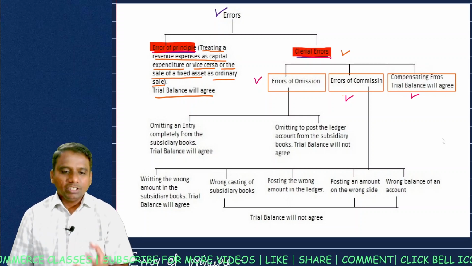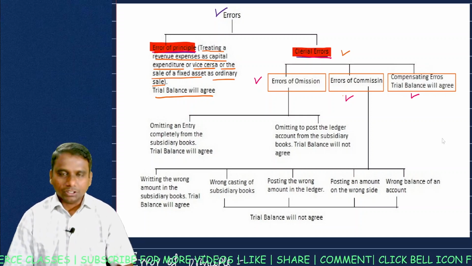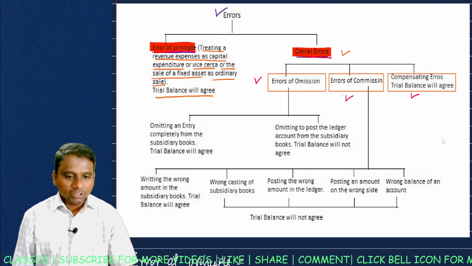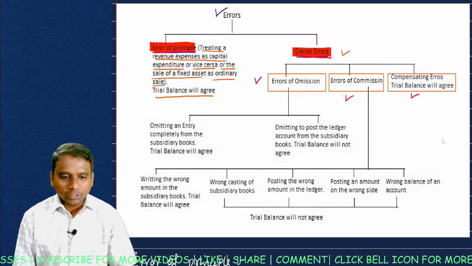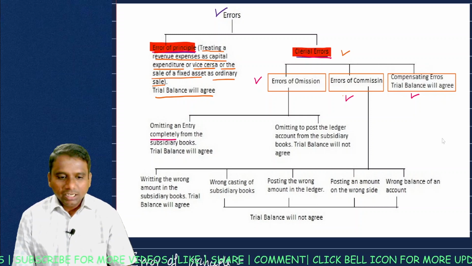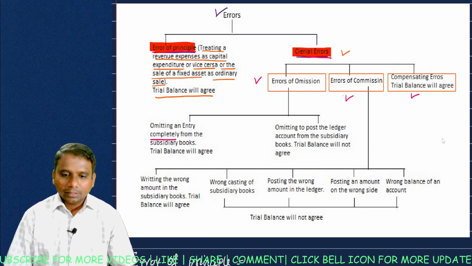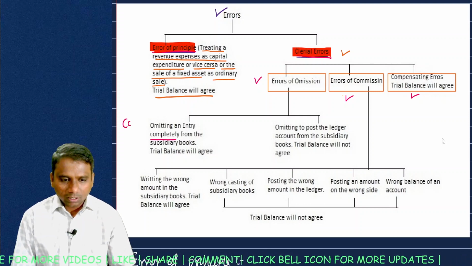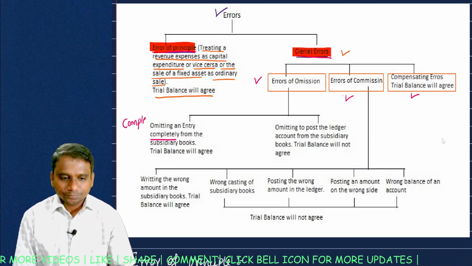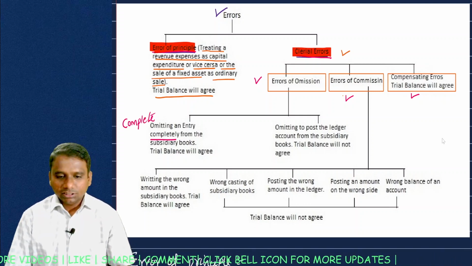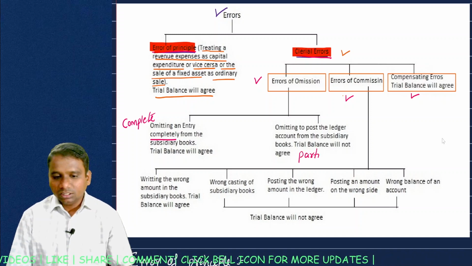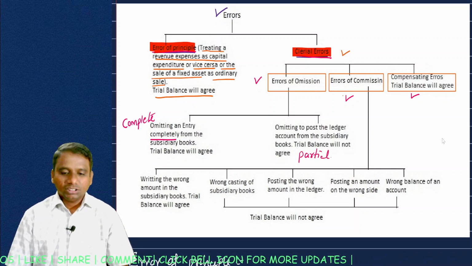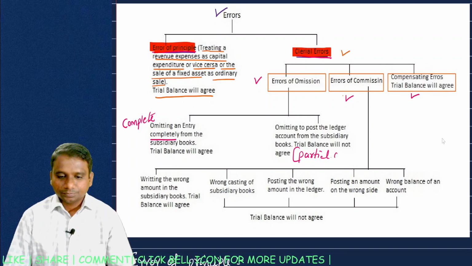Now first we discuss error of omission. It is again divided into two types: complete omission and partial omission. What is the meaning of this?